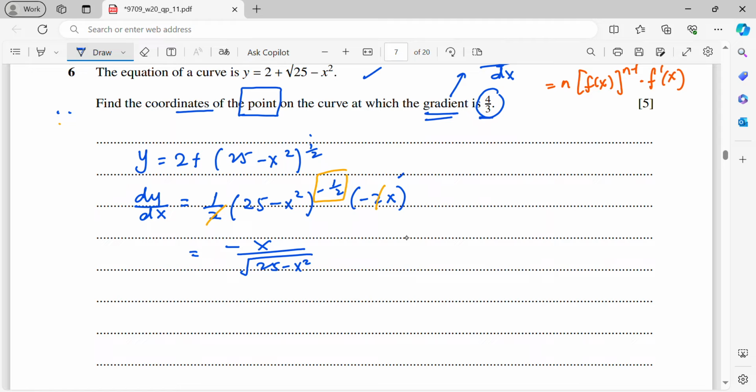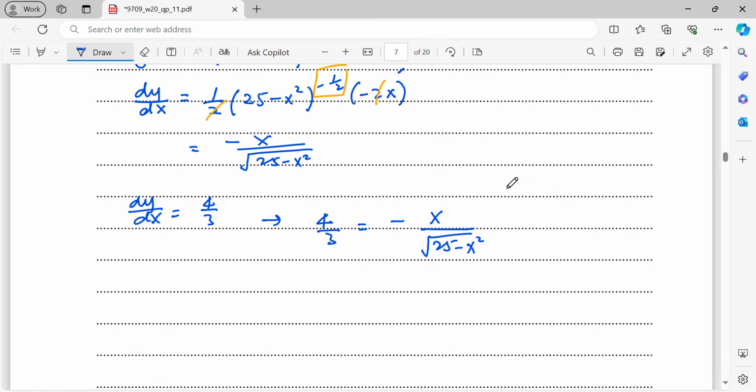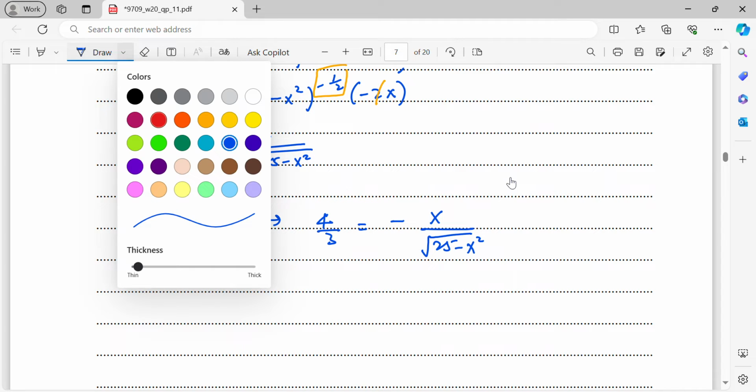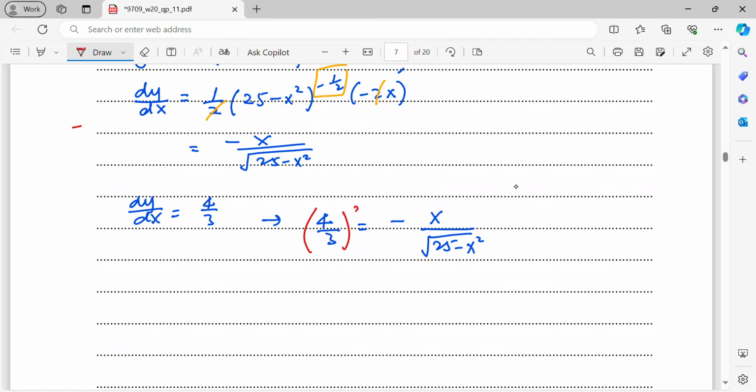So now dy dx equals 4/3. That means 4/3 equals negative x over square root of 25 minus x squared. Now we need to solve this. Because there is a square root there, I will square both sides to eliminate the square root.